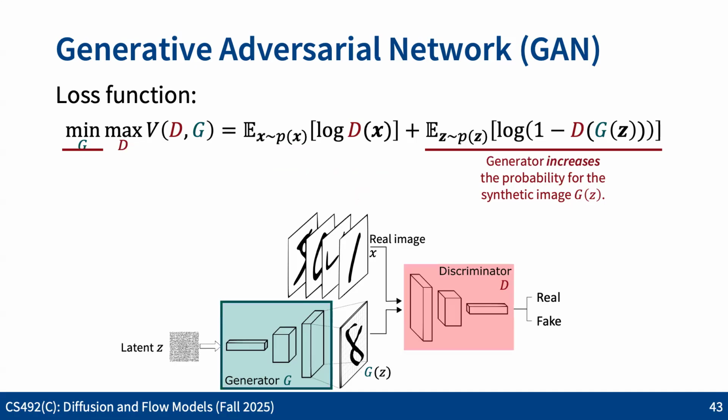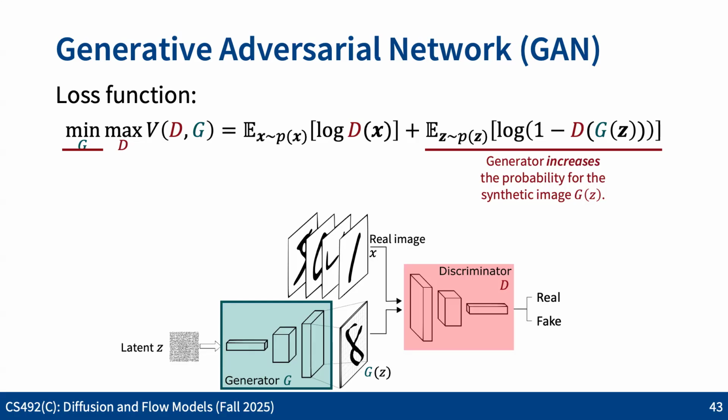And then from the perspective of the generator, actually we are now increasing the probability. In this case we are optimizing over the parameters of the generator, because we also want this fake image to be treated as one of the real images.